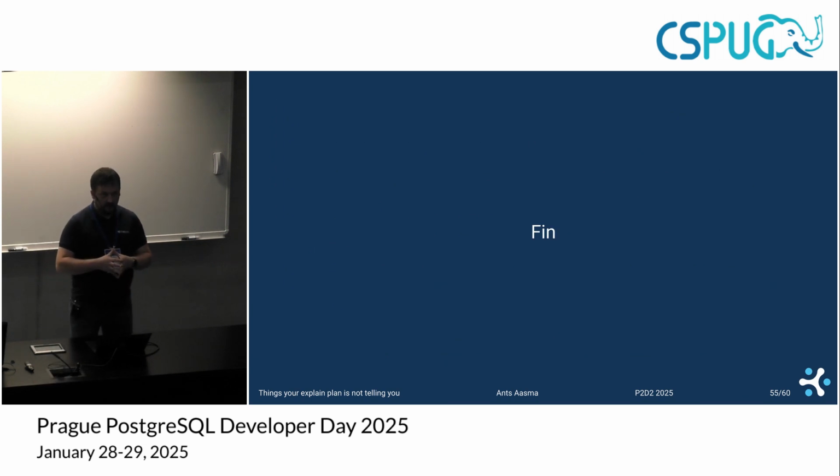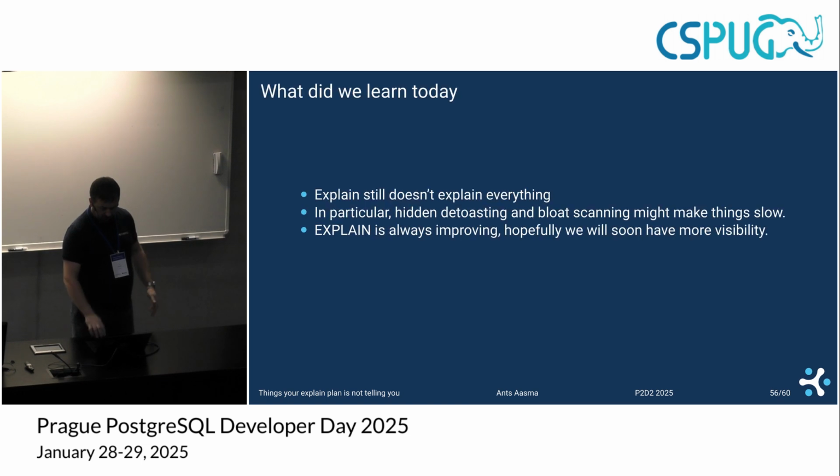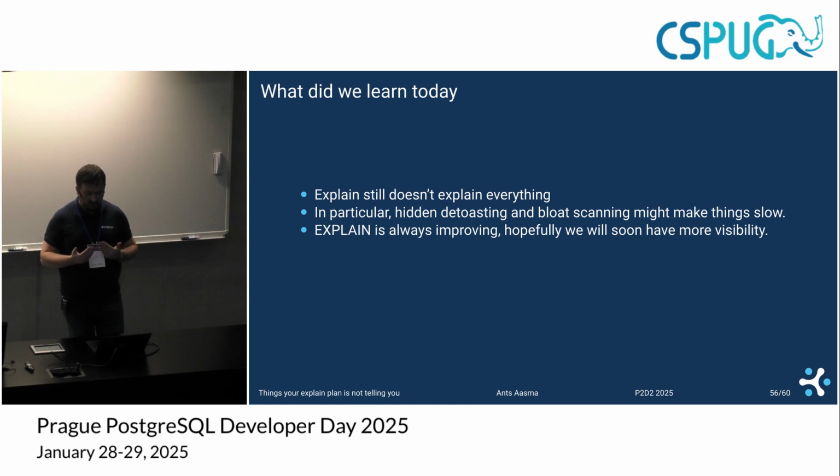And that's it about explain plans. So what did we learn here today? Explain really still doesn't explain everything. We can improve explain, and hopefully we'll add some more stuff. There are plenty of different things that I didn't include in this talk that would also be good to improve.